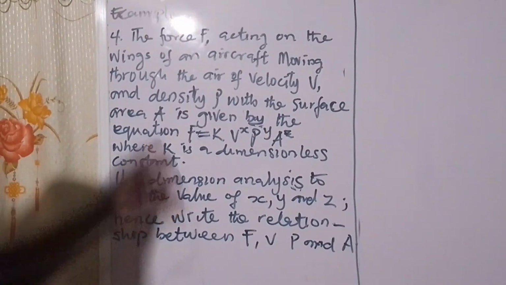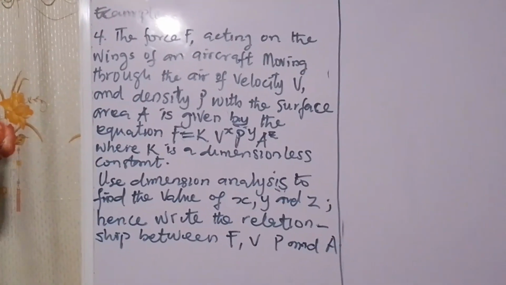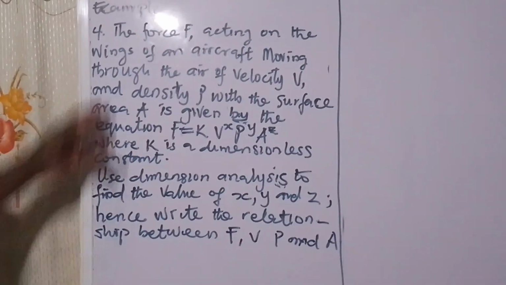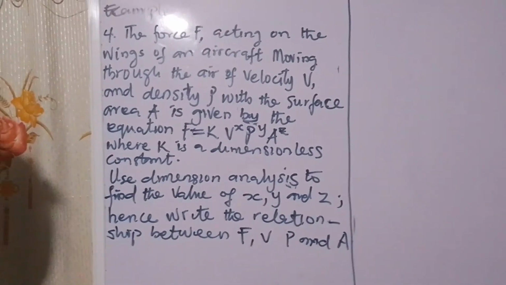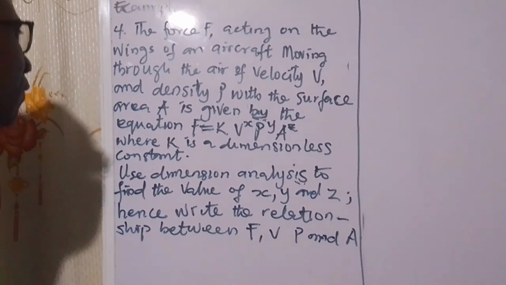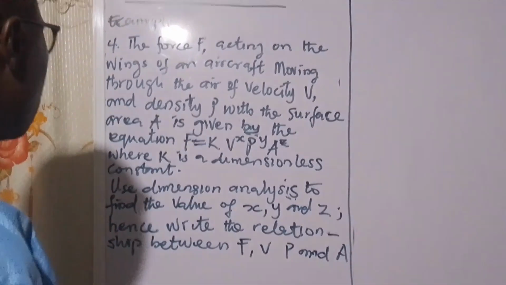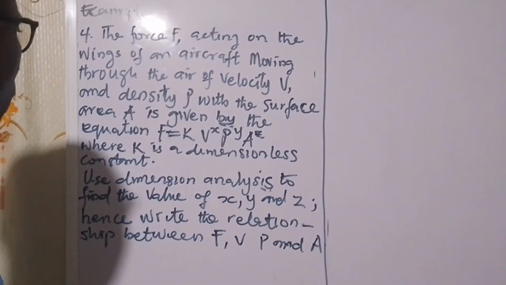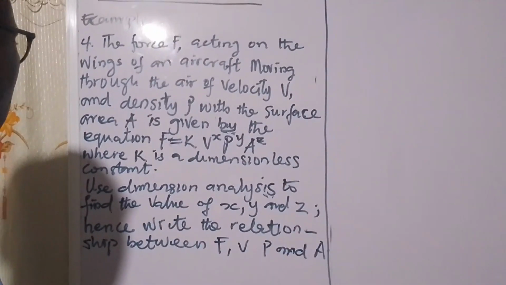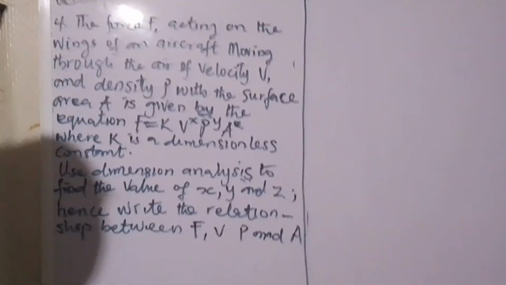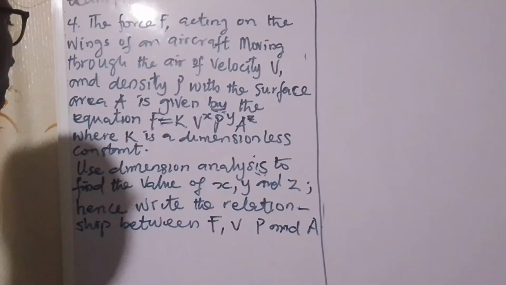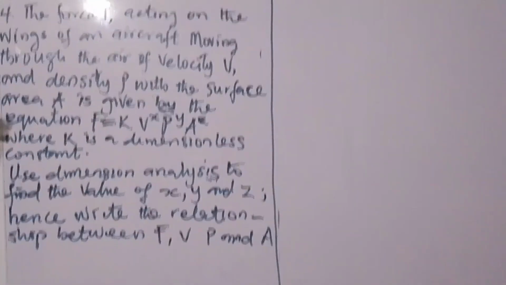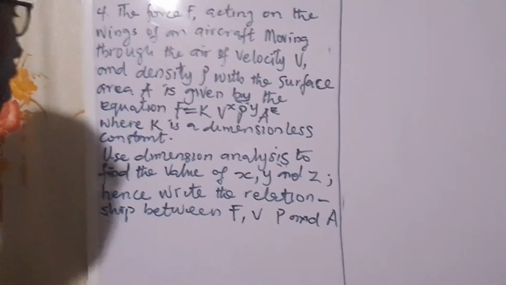Now, let's take this one as the last example. The force F acting on the wings of an aircraft moving through the air of velocity V and density P with the surface area A is given by the equation F is equal to K V raised to power x, P raised to power y, and A raised to power z, where K is a dimensionless constant.